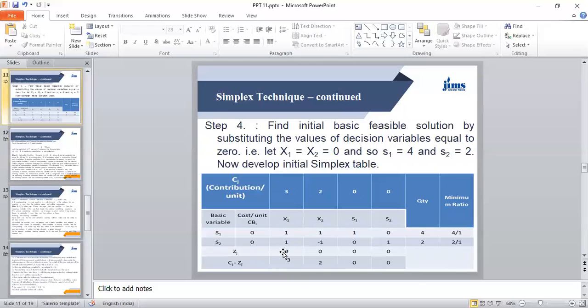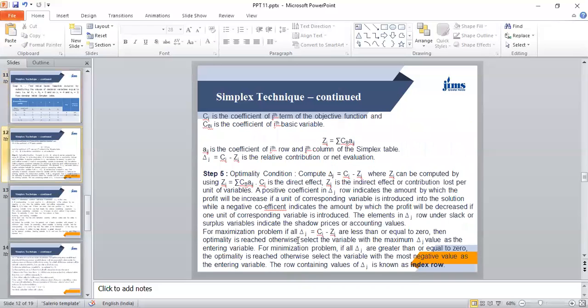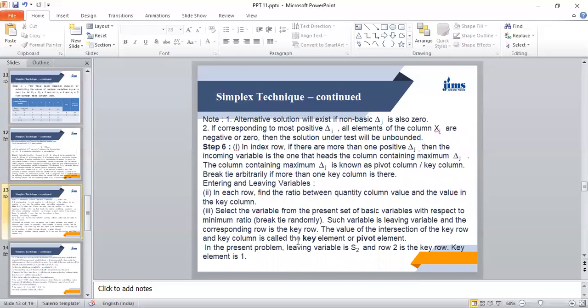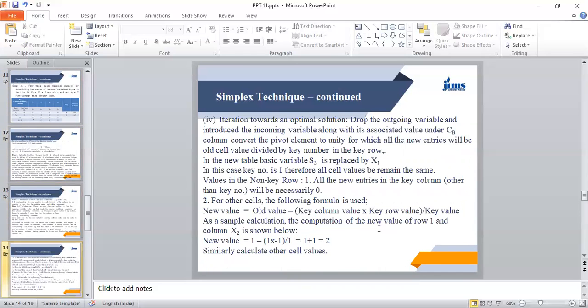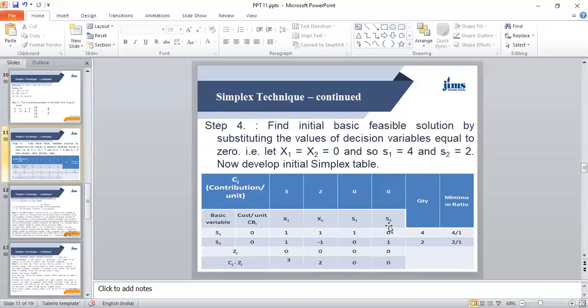This is the key column. The key column value in this row is 1, 1 minus 1 into key row value. What is key row value here? Key row value is here C minus 1. This divided by the key element value 1.